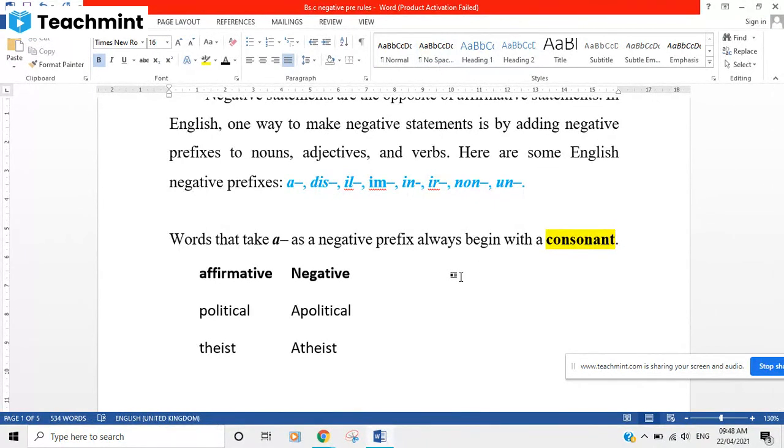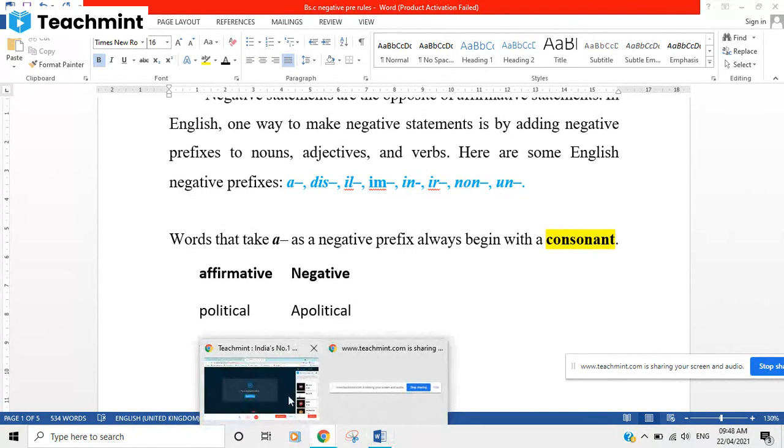What is a vowel? Consonant means vyanjan, and vowel means swar, like a, e, i, o, u. These are vowels commonly used in the English language.